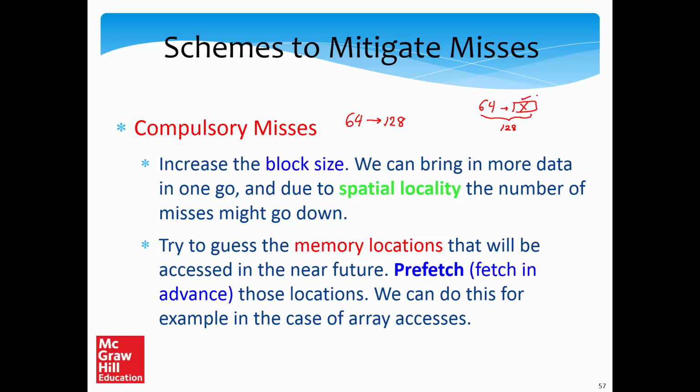So this can work. The other option is, let us have a small circuit that tries to guess the memory locations that will be accessed in the near future. Let's consider a typical array access. Sorry for drawing a slanted array. Let's assume that we have one program trying to do bubble sort. Then we are accessing the array elements sequentially, one after the other.